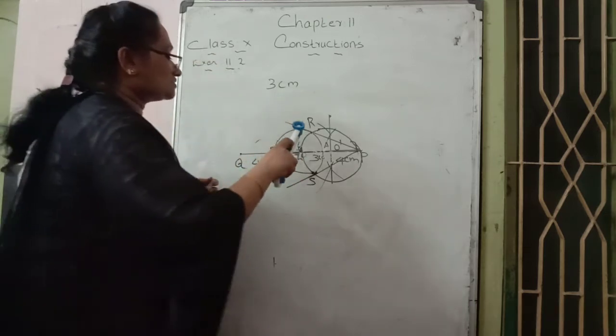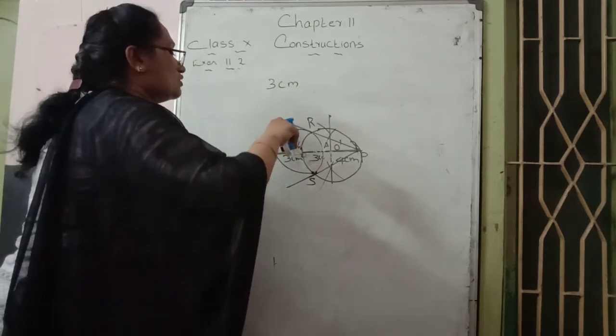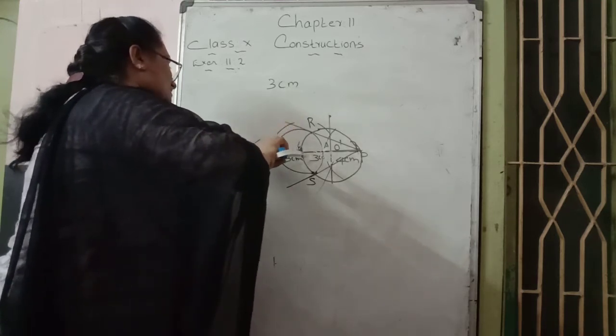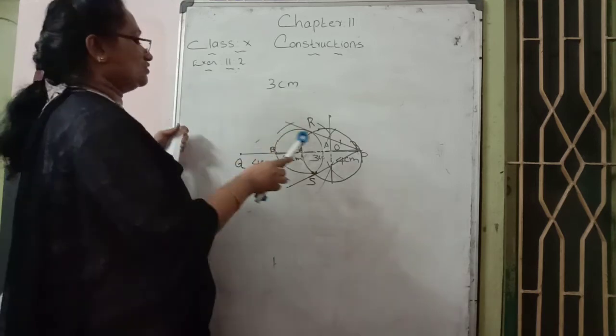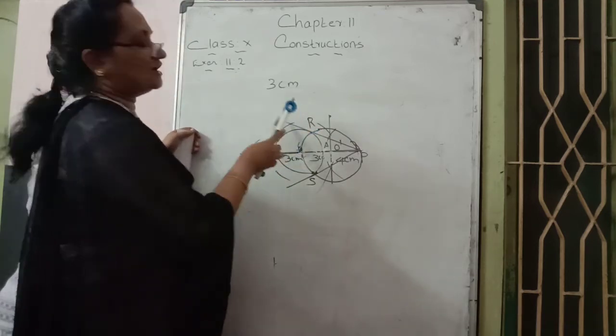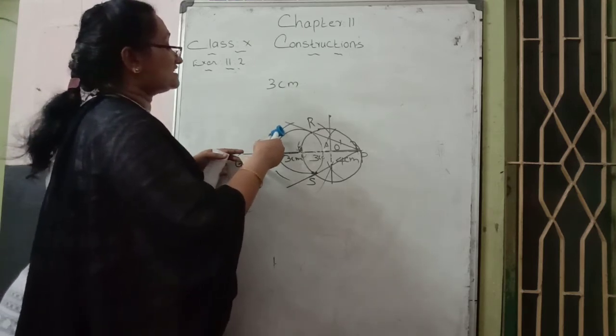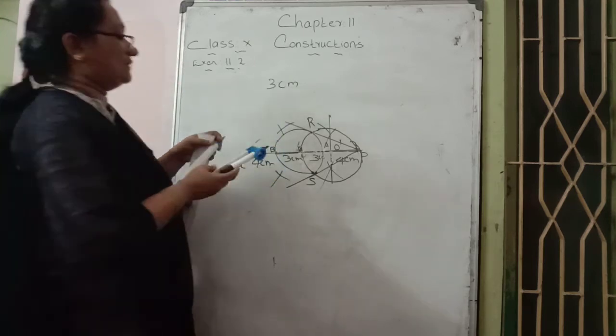Here keep your compass on O as center, and draw an arc up and down. Same way, with 4 centimeter, draw arcs up and down.